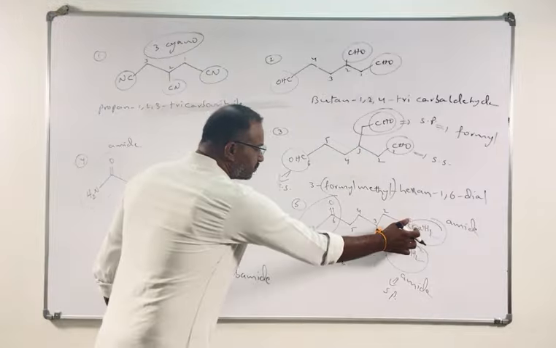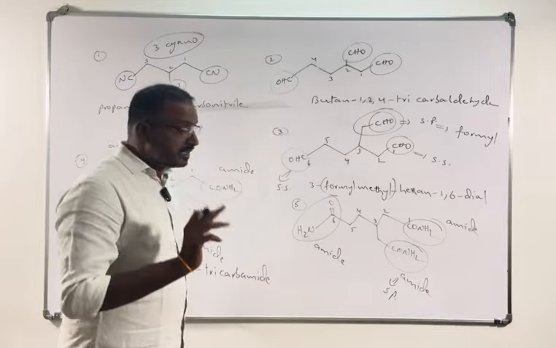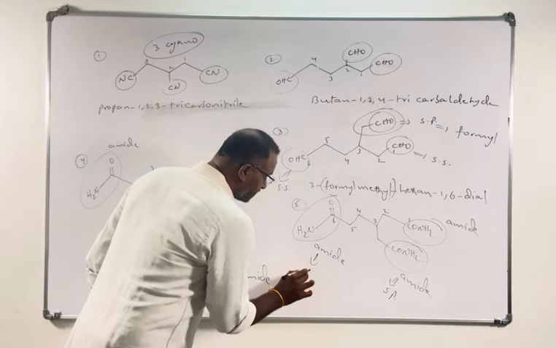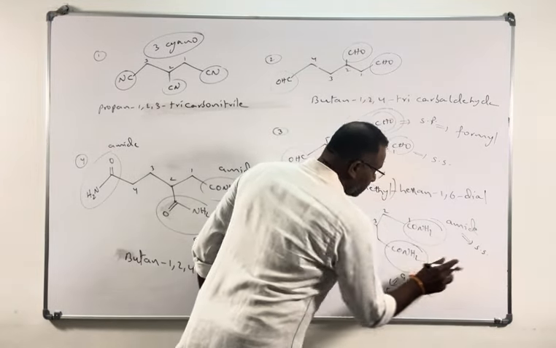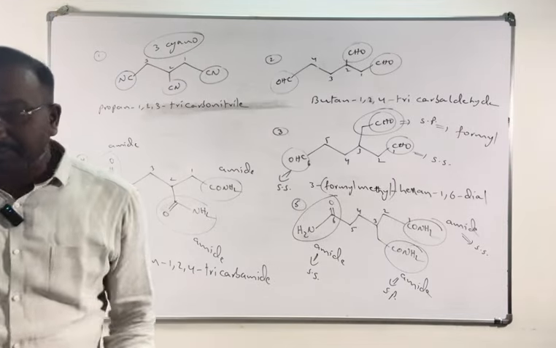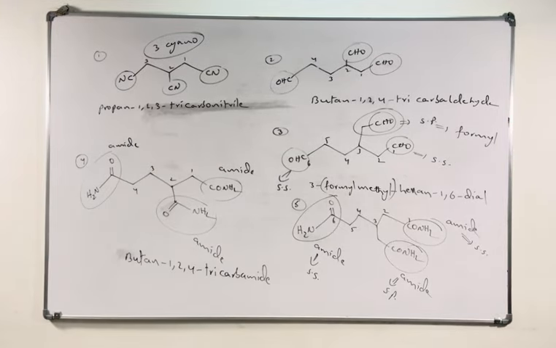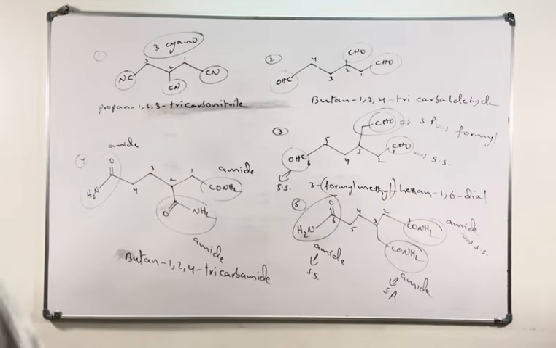Now these two come under secondary suffix. This comes under secondary suffix, this comes under secondary suffix, and this comes under secondary prefix. If the CONH2 group, that is the amide group, comes under secondary prefix, the name will be carbamoyl.